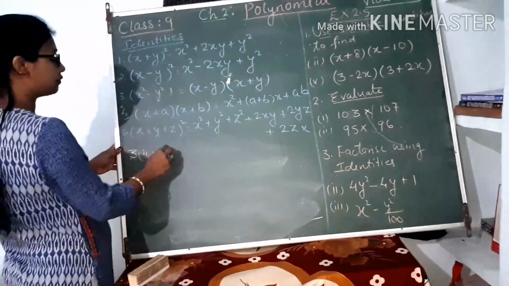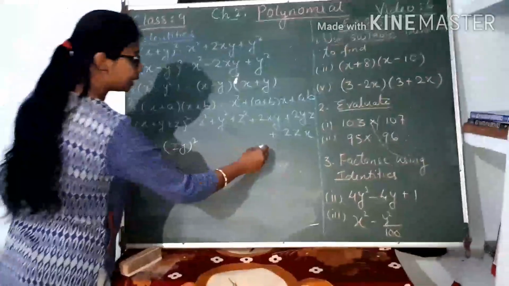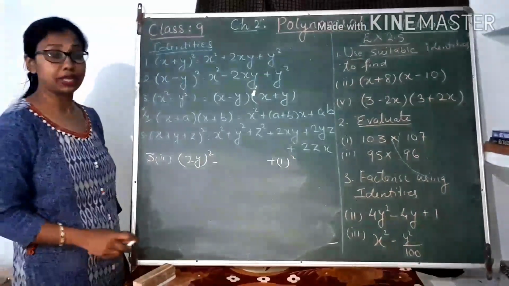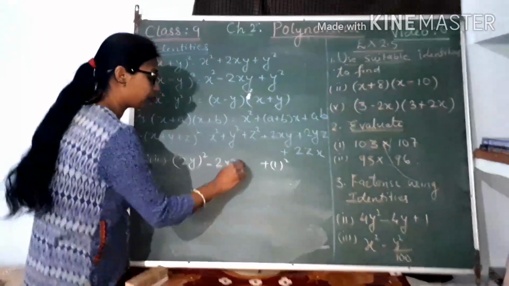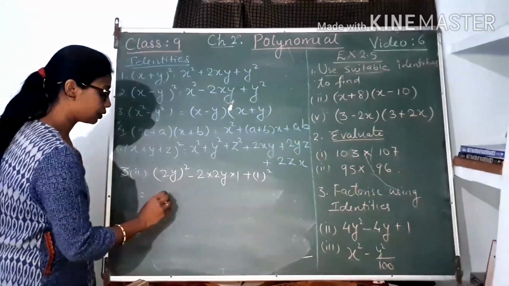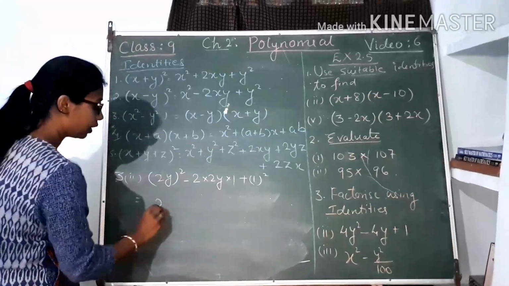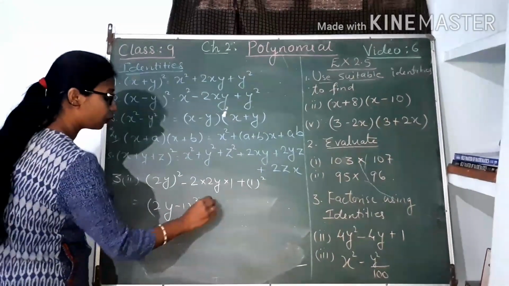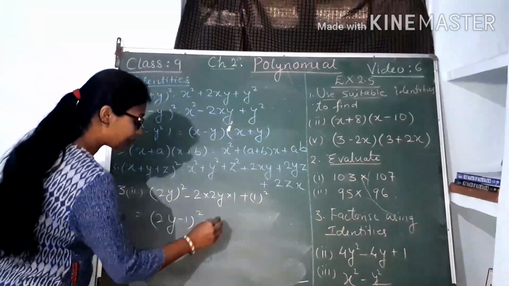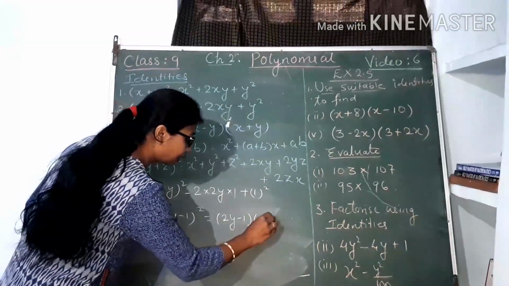Can we write down 4y square as 2y whole square, and the last term 1 as 1 square? What should come in between? It should be 2 into 2y into 1. So this gives you a square minus 2ab plus b square, 2y minus 1 whole square. This is your answer. Or since the question is to factorize, you can write down in product form: 2y minus 1, 2y minus 1.